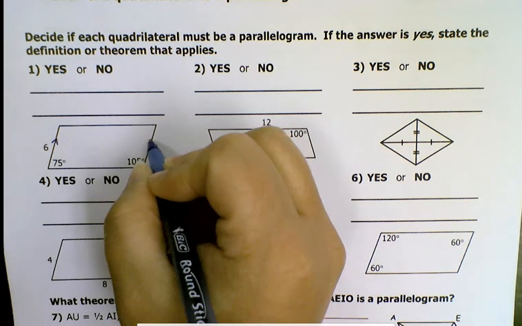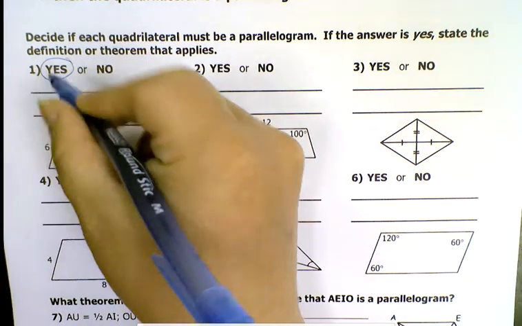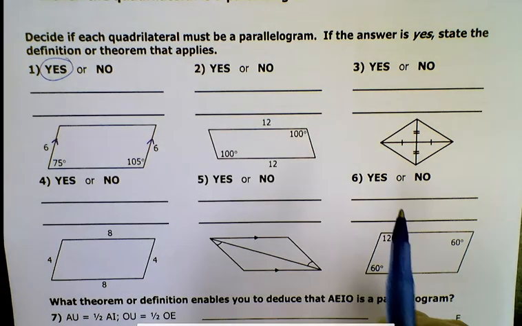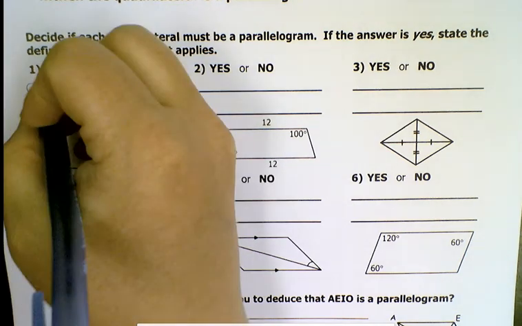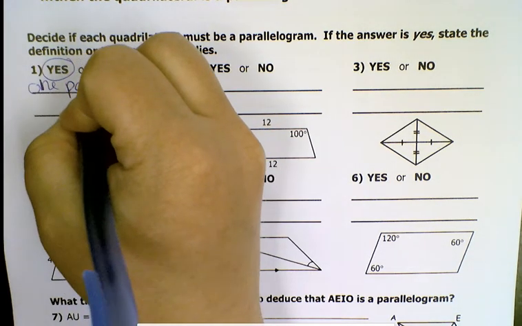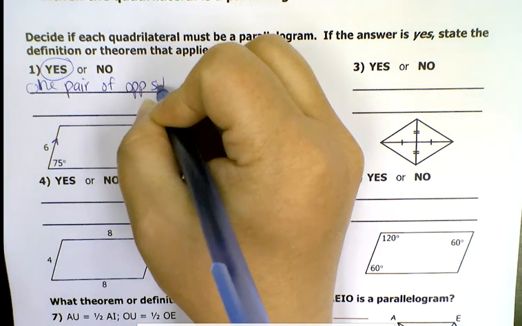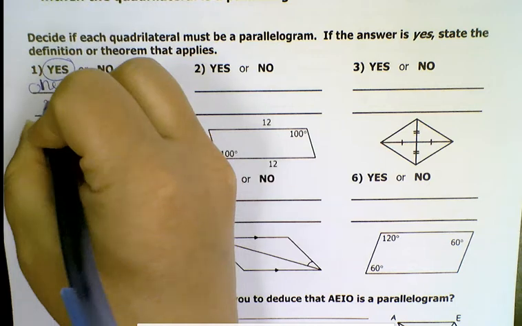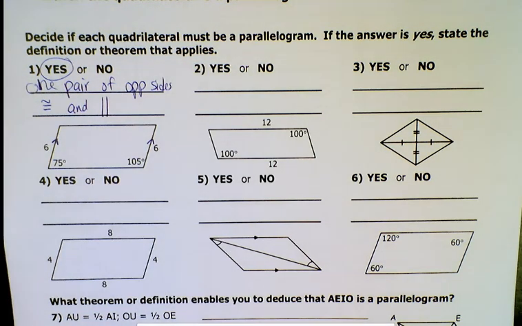So that would make these sides parallel as well. So this is a yes. And that would be, we have one pair of opposite sides that is congruent and parallel.